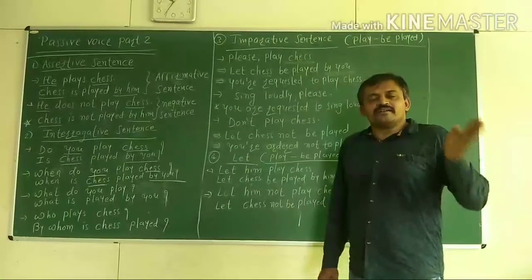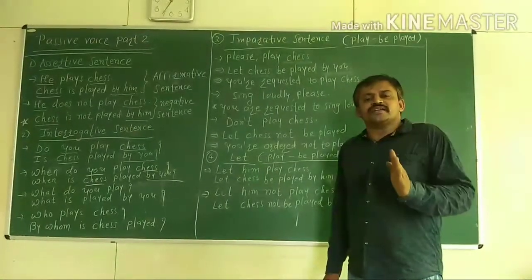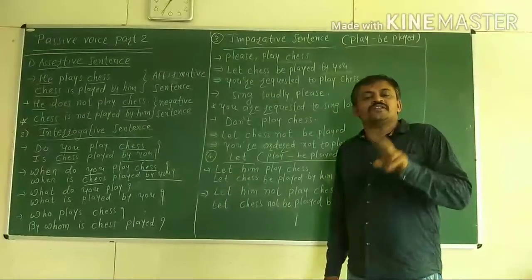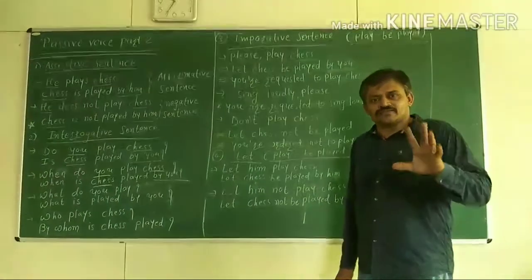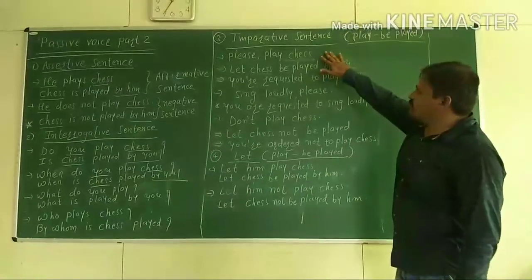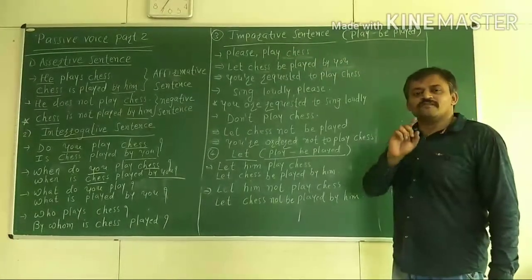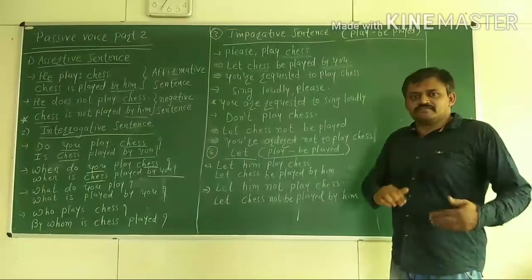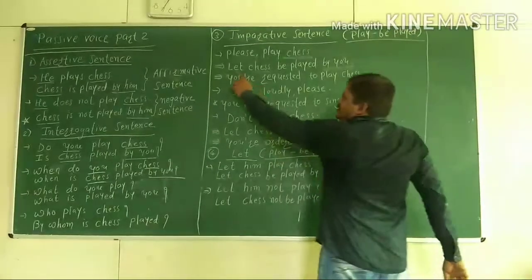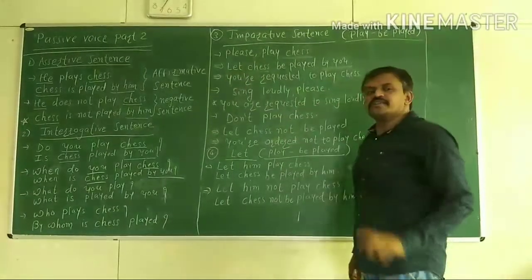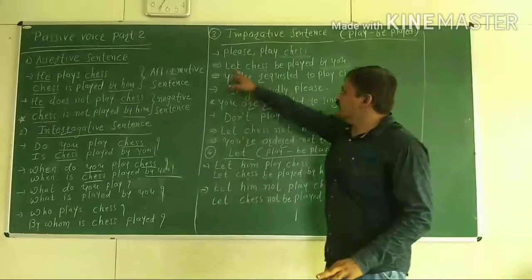We can make any imperative sentences into passive with two ways that I have shown you. The first is an example: Please play chess. The first way is to start with let. In the imperative sentence, we have to use let.